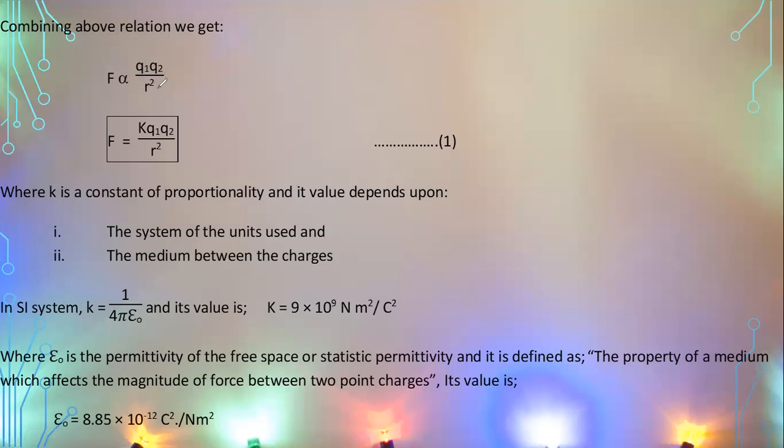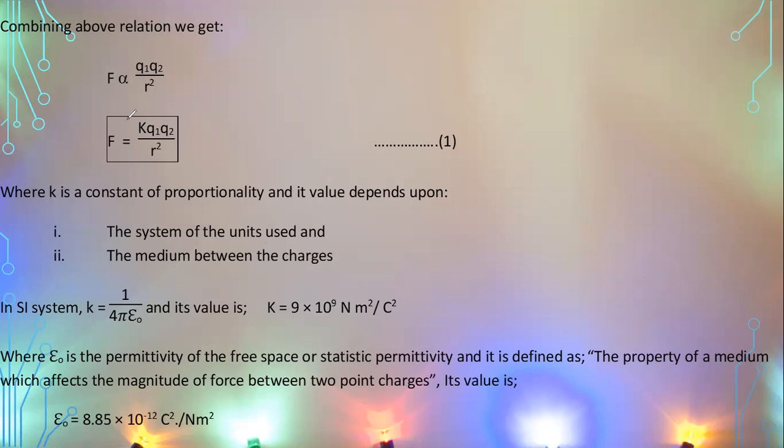This formula is obtained by combining equations 1 and 2. The next equation is F equals K Q1 Q2 divided by R square, and this K is called the constant of proportionality. The value of K depends on the system of units used, number 1, and number 2, the medium between the charges.